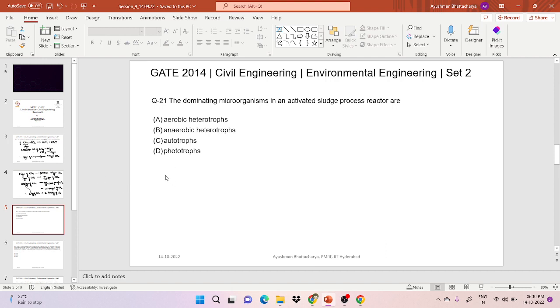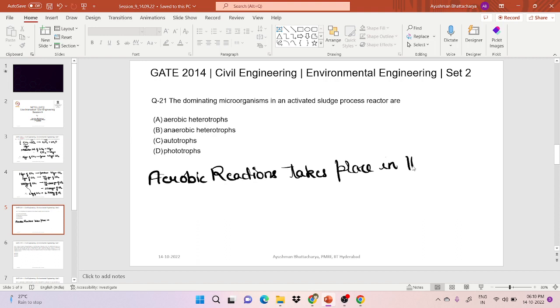Beginning with what are aerobic reactions. Aerobic reactions take place in the presence of oxygen, free oxygen. Here you should write free oxygen.